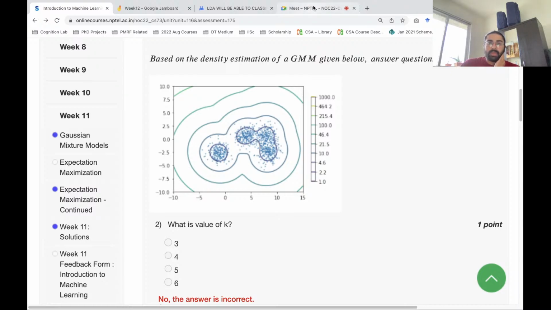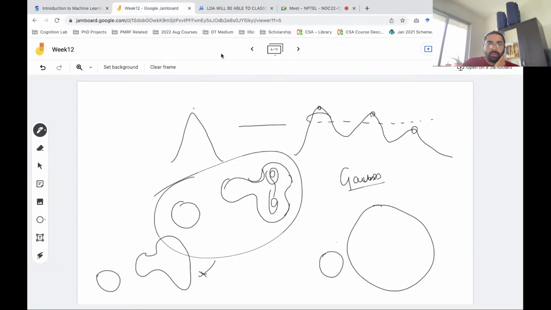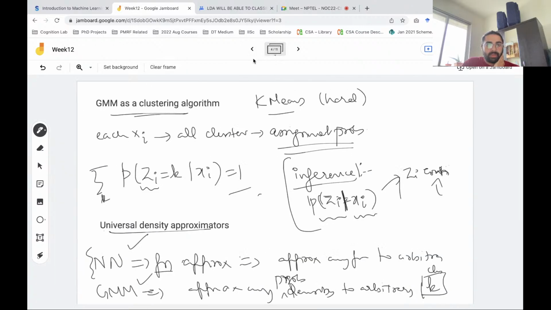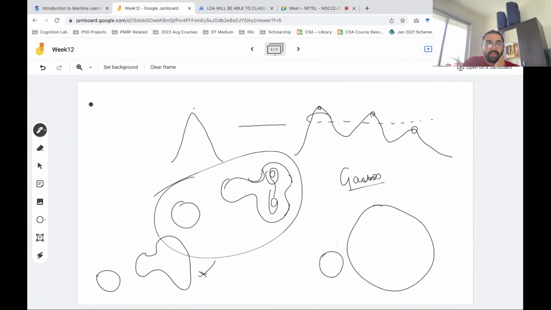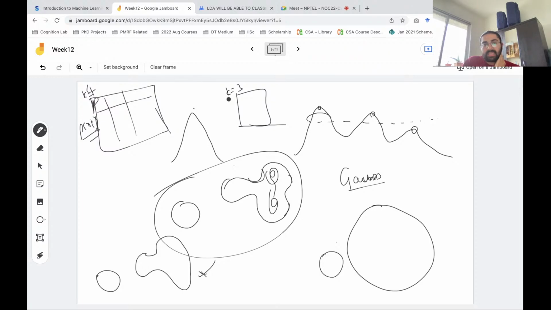Actually, ideally what you would want to do is look at these values, right? For all of those points, you'll form a table like this. Under this 4 Gaussian, k equal to 4, and under k equal to 3, you will want to look at the values of p of xi, and then compare how this p of xi looks between when k is equal to 3 and when k is equal to 4.